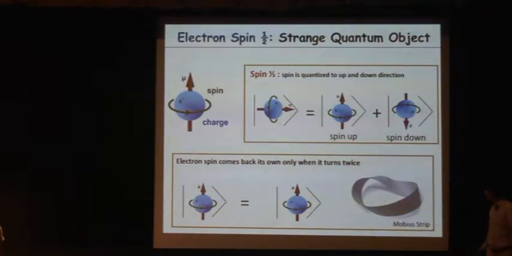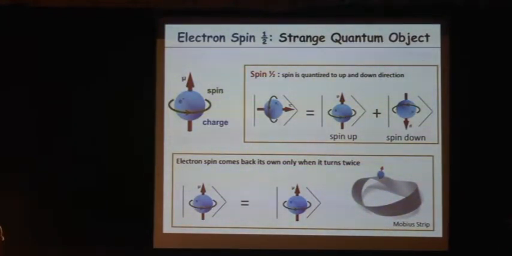And there's one intriguing fact about this Mobius strip. Imagine that I have an electron sitting on one surface of this Mobius strip, right? And I carefully turn the electron around along this path, a full 360 degrees along the surface of the Mobius strip.